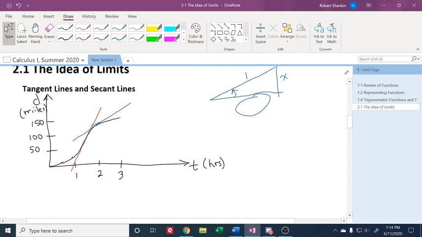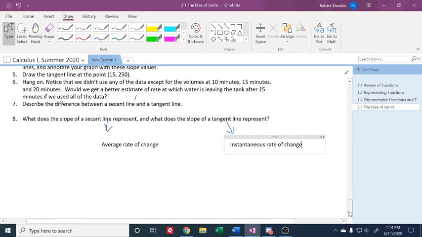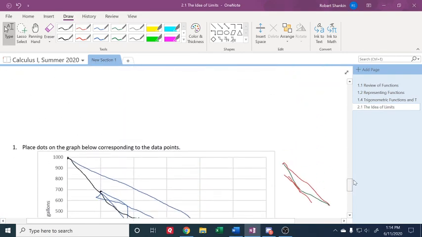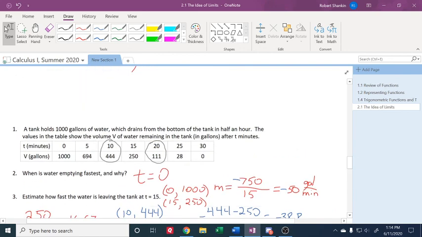Even though 1 billionth of a second later it's going to be a different speed, what was the exact speed when t was equal to exactly 2? Well, that's a tangent line. And we use secant lines to help us get to tangent lines, because secant lines are easy to do. You get 2 points, you subtract the y's, and then subtract the x's and divide.